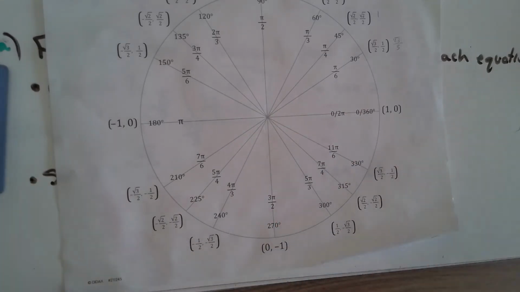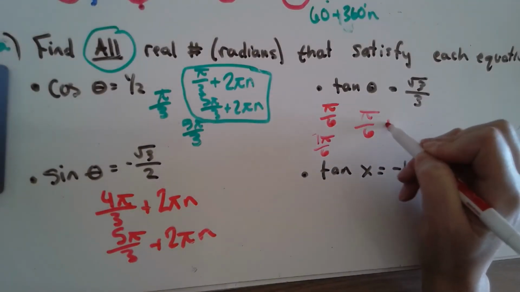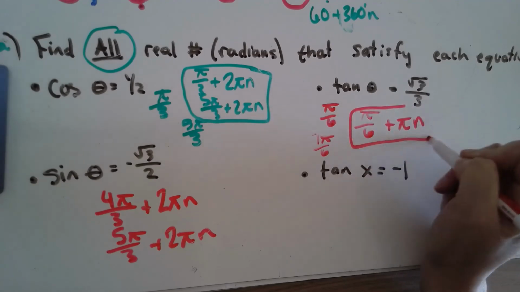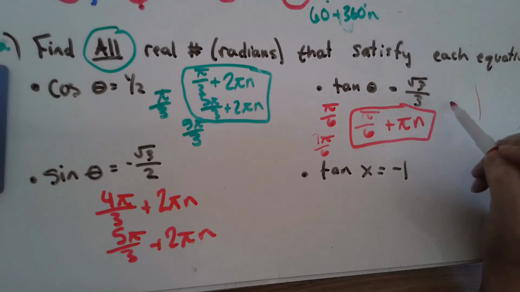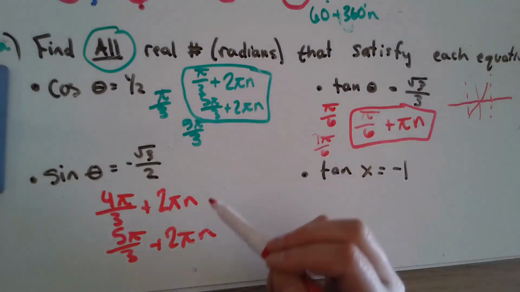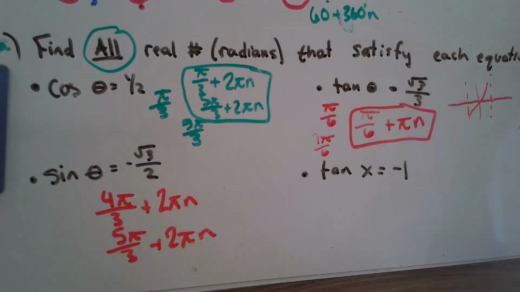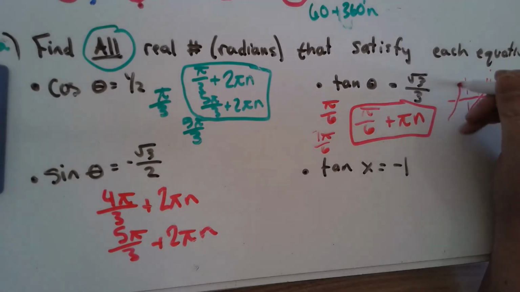So I actually only have to write one answer. I could say pi over 6 plus pi n, where I add 180 degrees, and that's going to land on all of my answers. That makes sense, because if you remember in the graphs, tangent's period was pi, while cosine and sine were 2 pi. So we should be able to get back to where we started every 180 degrees.